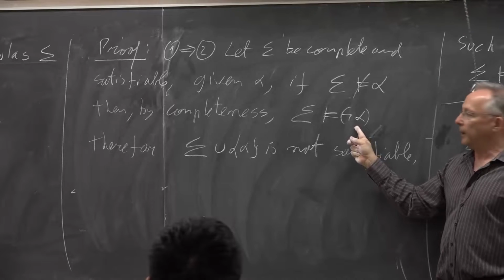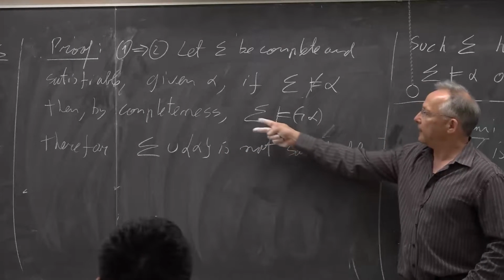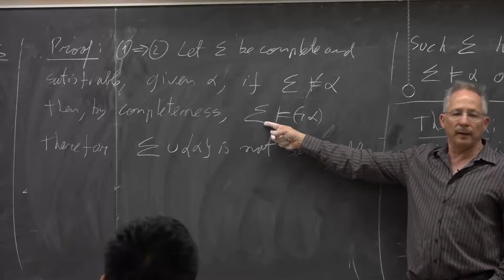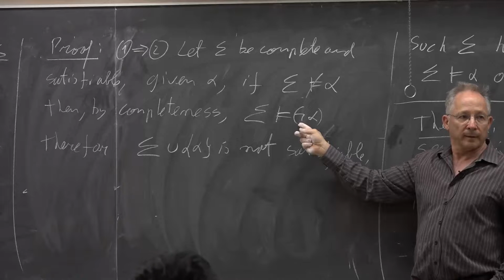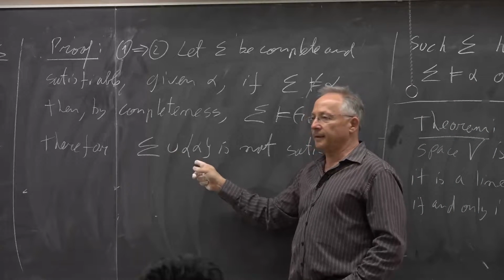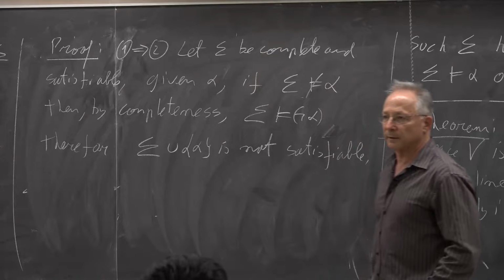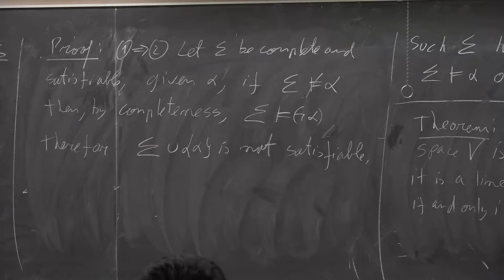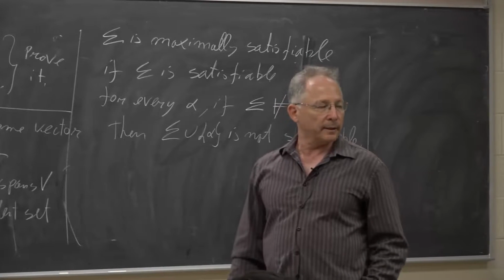If I satisfy not alpha, I cannot satisfy alpha. This says whenever you satisfy everybody in sigma, you satisfy not alpha. This one says, find me someone that satisfies all of sigma and satisfies alpha. I can't find it. So it's not satisfiable. So we showed that 1 implies 2. Any questions here?